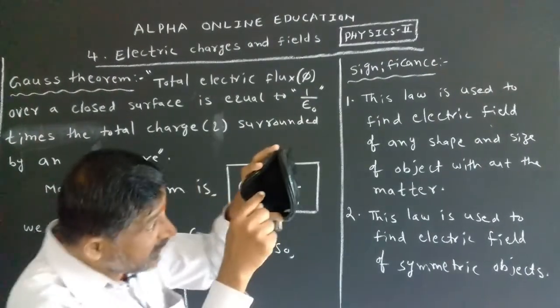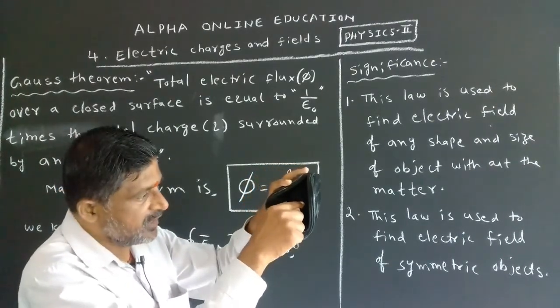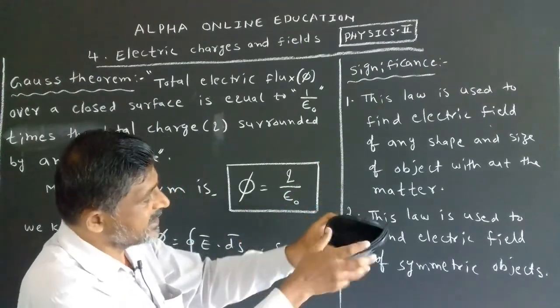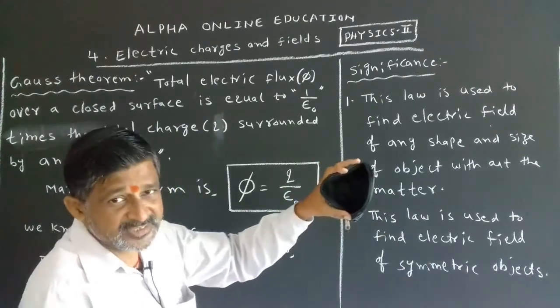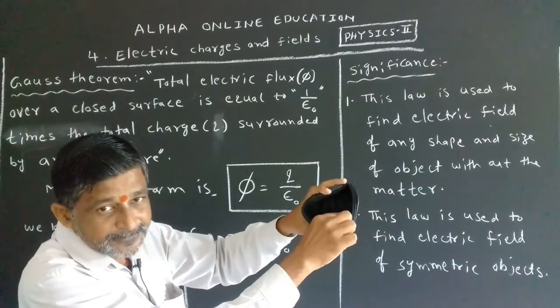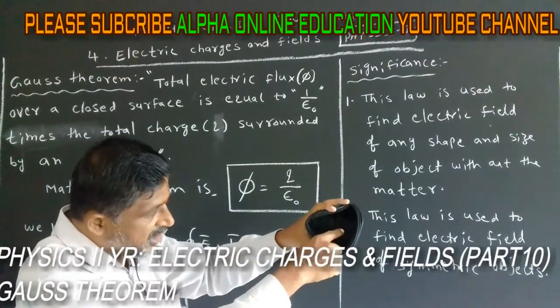Now, let us take one charge here. You take a positive charge. Electric lines of force move in this side, in this side, in all sides. Electric lines move in all sides.